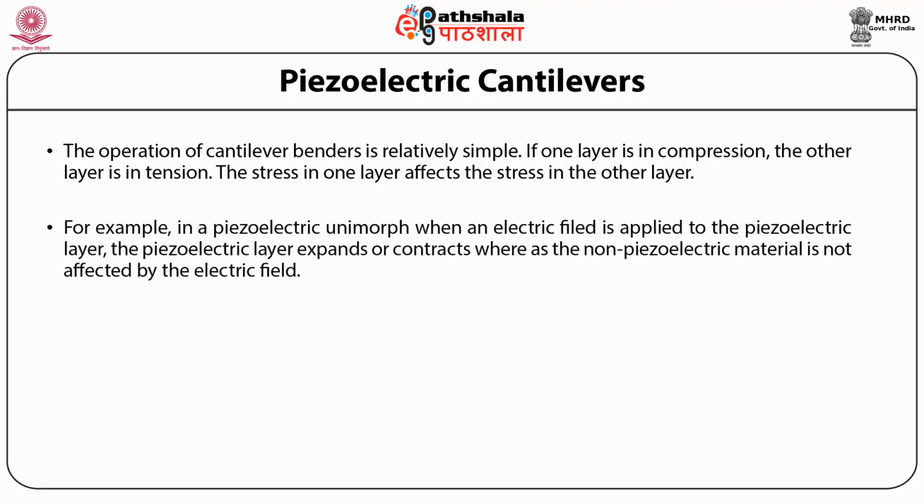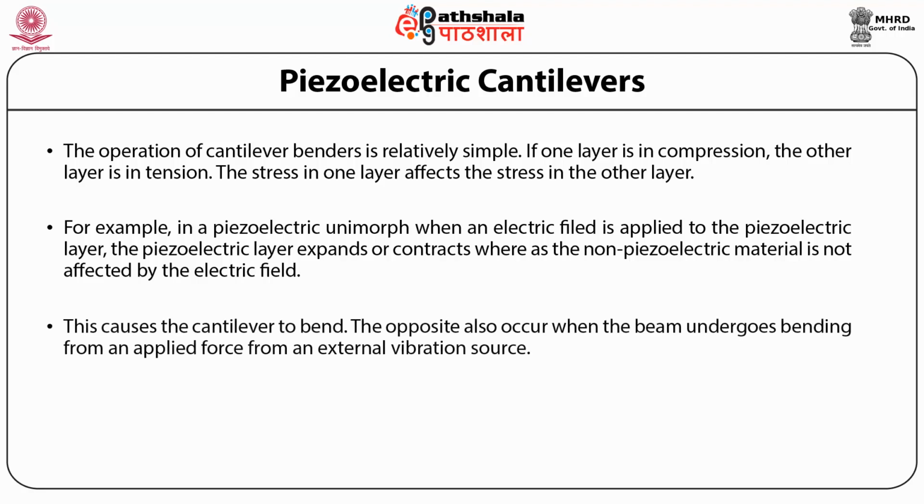For example, in a piezoelectric unimorph, when an electric field is applied to the piezoelectric layer, the piezoelectric layer expands or contracts, whereas the non-piezoelectric material is not affected by the electric field. This causes the cantilever to bend.